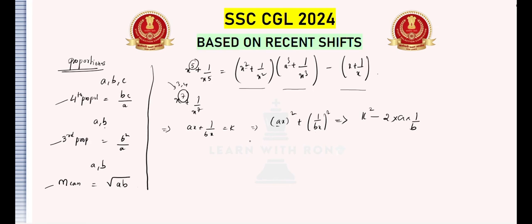Try to remember this formula. Similarly, ax minus 1 by bx value, if they given k here, same, if they ask ax square plus 1 by bx whole square, k square plus 2, right? So k square plus 2 multiplied with a 1 by b, a multiplied with 1 by b. Try to remember those formulas.